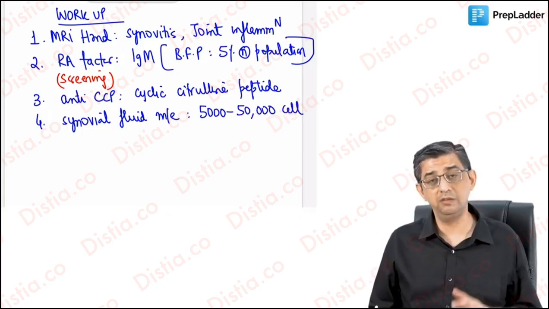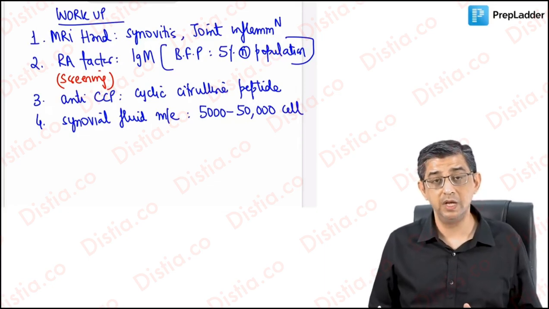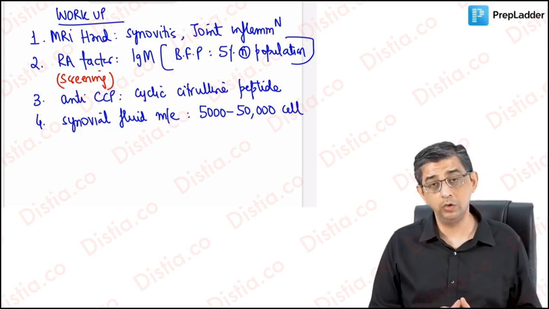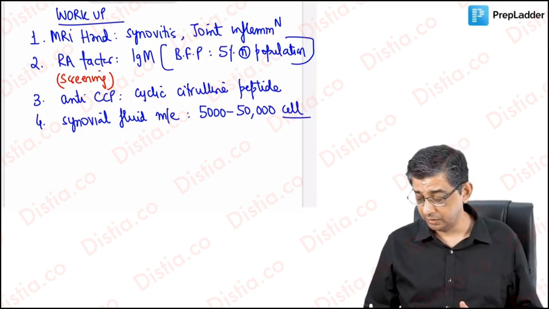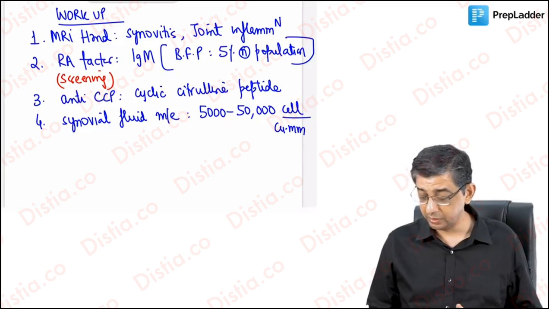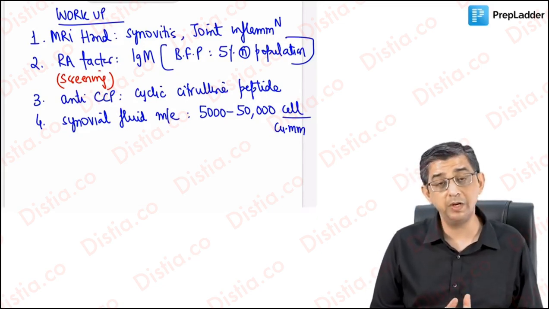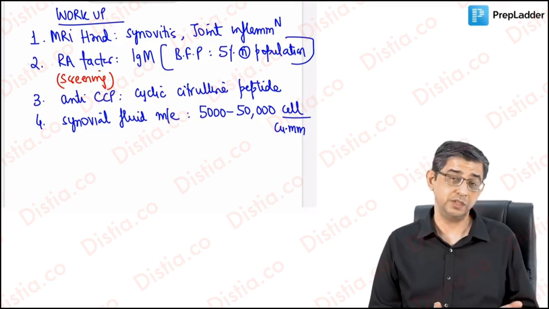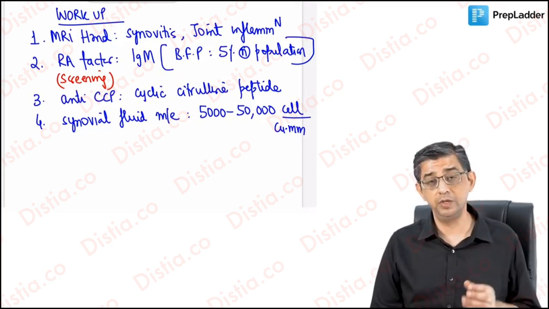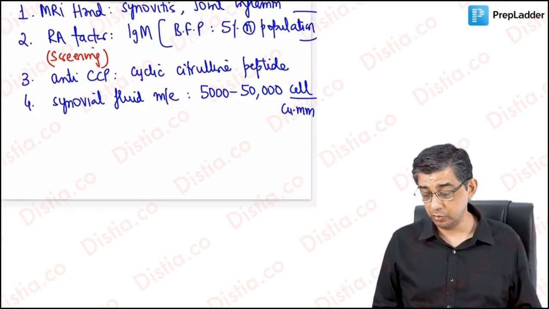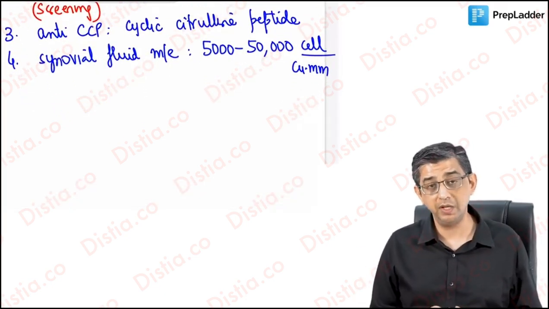In fact, initially, when the disease starts, there could be a predominant neutrophilic count and subsequently mononuclear cells would come. But these high counts definitely tell you about evidence of an inflammatory process. Otherwise, normally the cells present in synovial fluid will be in the few hundreds, but in this case, it would be in the thousands, even going up to 50K.